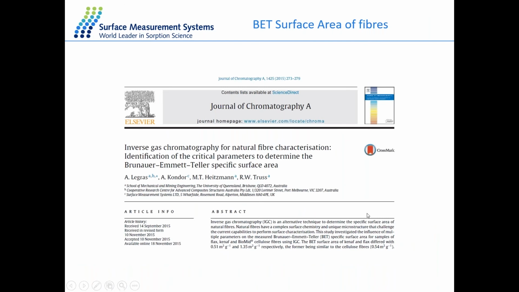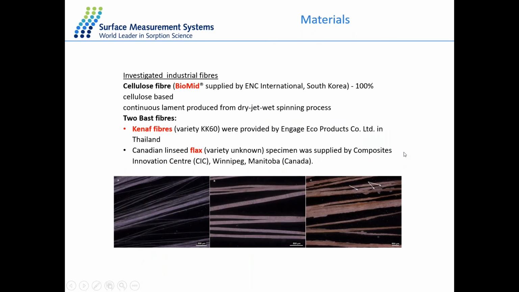So the next example here, we're looking at the BET surface area of some fibers. We're looking at some natural fibers, and there's a nice paper as well with all the specific details on this case study. So the materials here are cellulose.